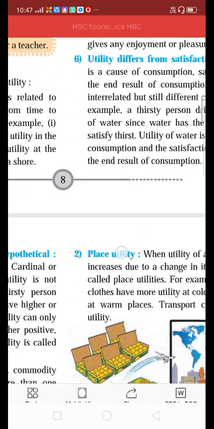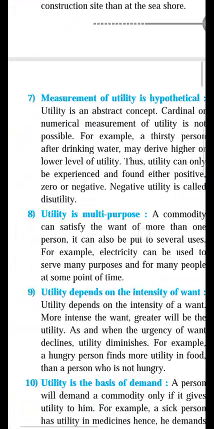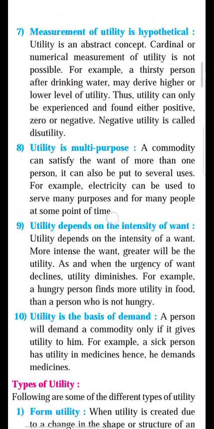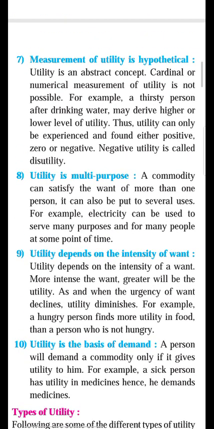Okay students, now come to the seventh feature of utility, that is, utility is a hypothetical concept. It means the measurement of utility is hypothetical. What is the meaning of hypothetical? Hypothetical means imaginary, abstract, meaning there is no clear picture.